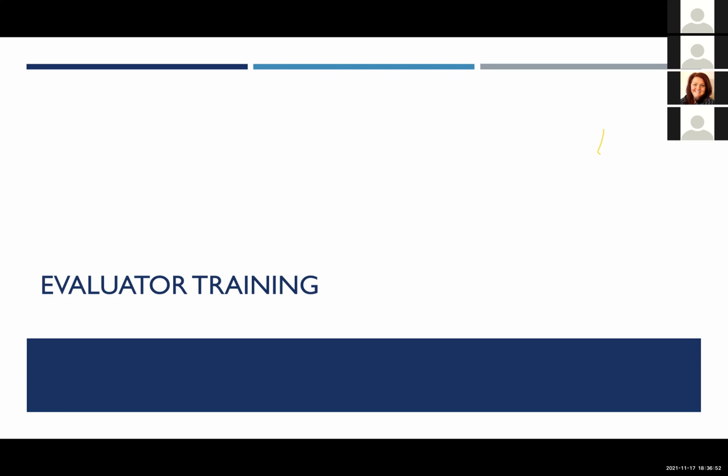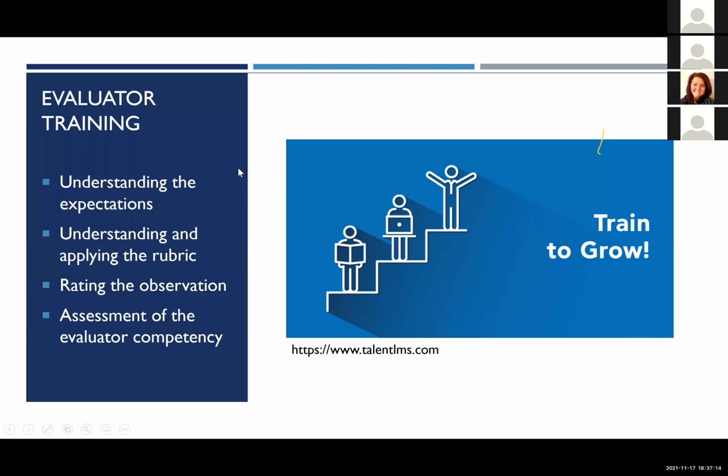But again, taking that framework from other health professions, we can build a training that focuses on specific valuable evaluator skills. And we can modify that and adapt it to our own personal needs or our own program needs. So some of those things that we should include in our evaluator training.